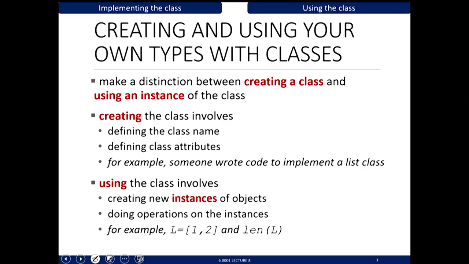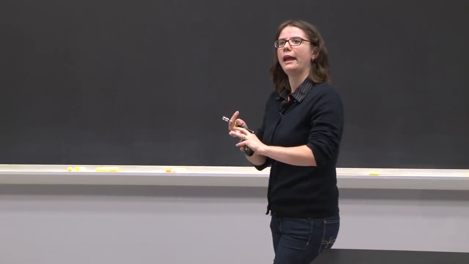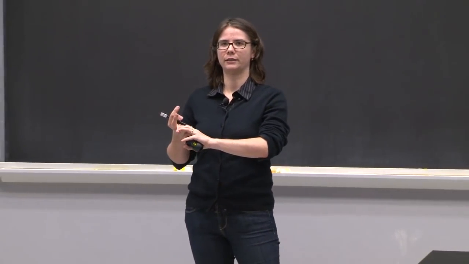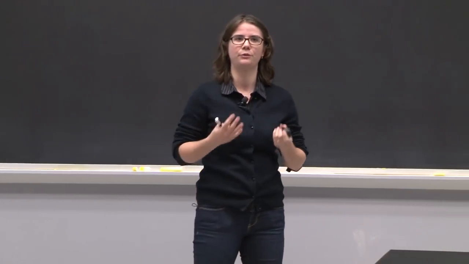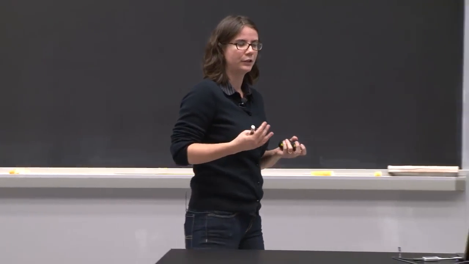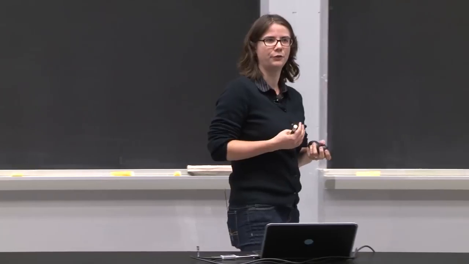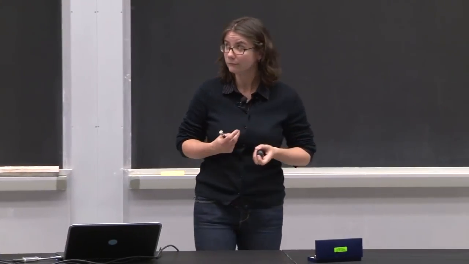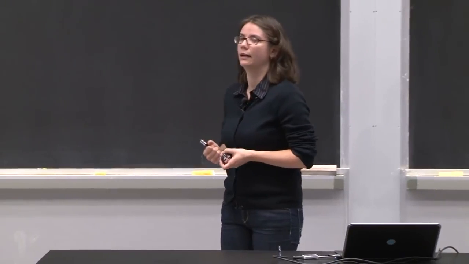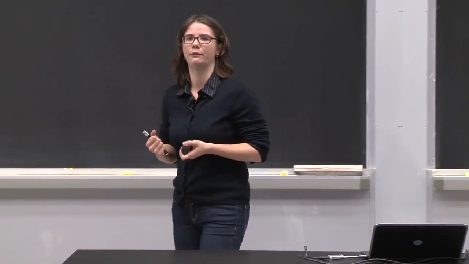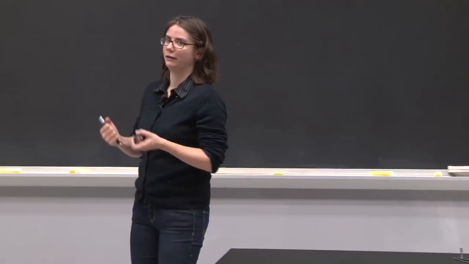The attributes are going to be the data representation and ways that you can interact with your object. So you, as the programmer of this class, are going to decide how you want people to interact with your object and what data this object is going to have. So for example, someone wrote code that implements a list class, and we don't actually know how that was done, but we can find out.